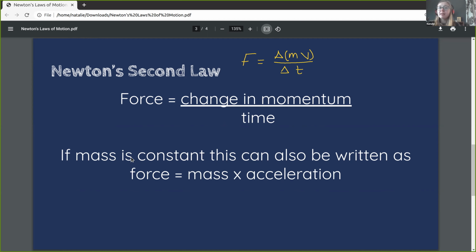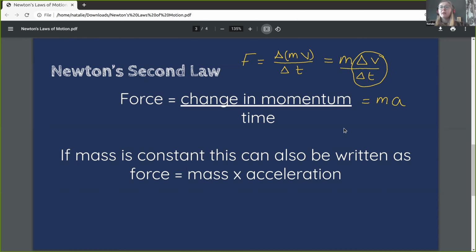Now, if my mass is constant, then my mass can't change. So I could rewrite this as mass times change in velocity over change in time. And change in velocity over change in time is acceleration. So that's how I get F equals ma.